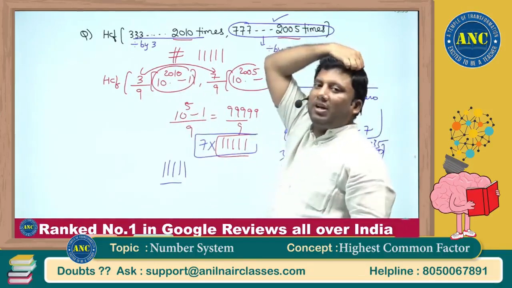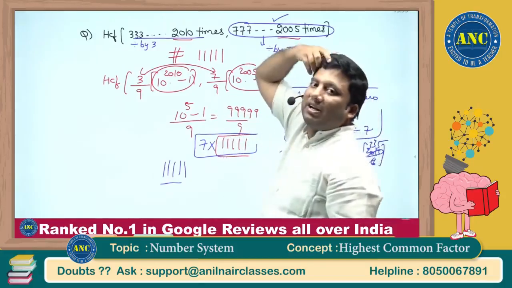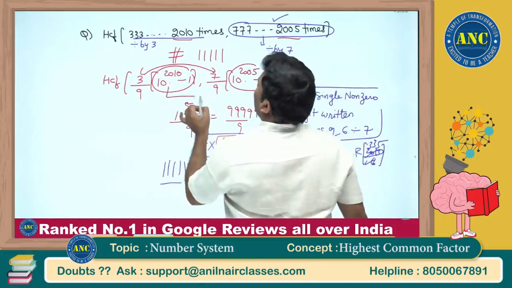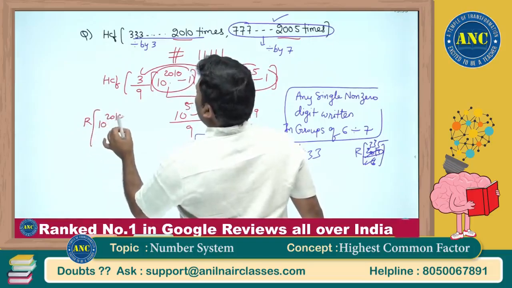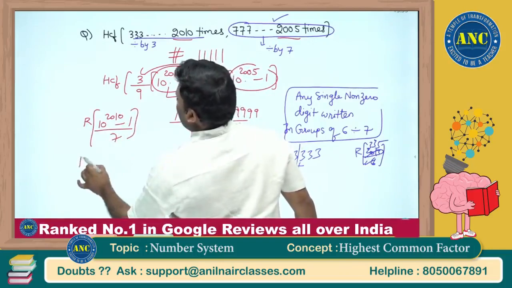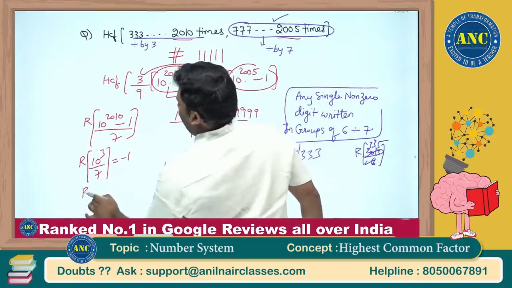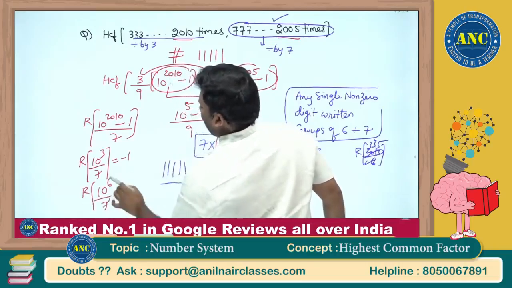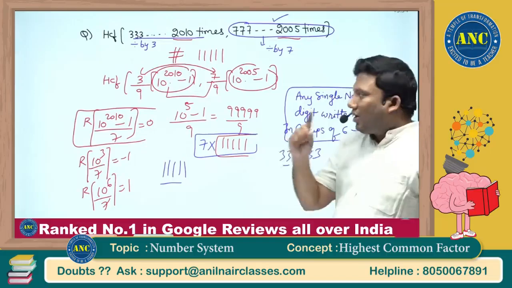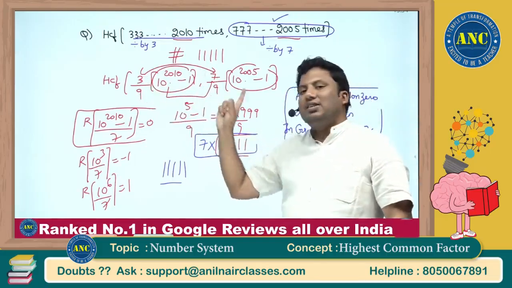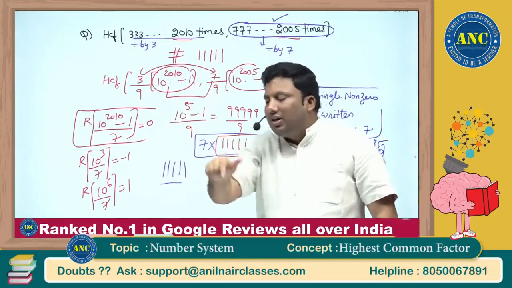You got 10 power 5 minus 1, but you forgot to realize that 10 power 2010 minus 1 is actually divisible by 7. 10 cube divided by 7 is minus 1, so 10 power 6 divided by 7 is minus 1 square, which is 1. 1 minus 1 is 0. You just took the HCF of 3 and 7 as 1, but 10 power 2010 minus 1 is divisible by 7.